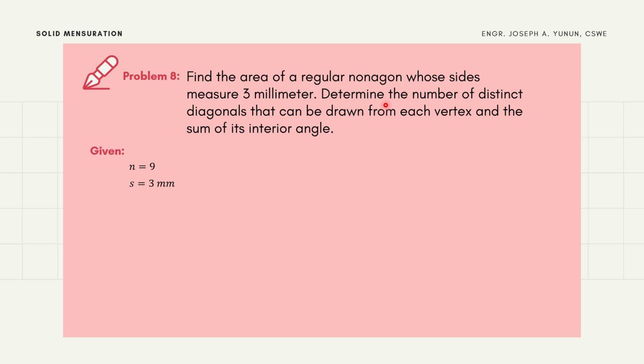The unknown, or the required, is first the area of a regular polygon, then the number of distinct diagonals, and the sum of interior angles. So let's solve first for the area.